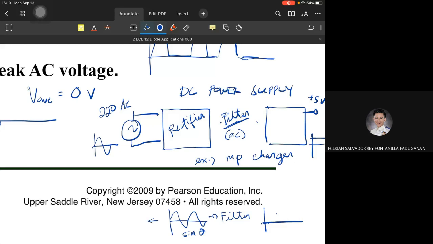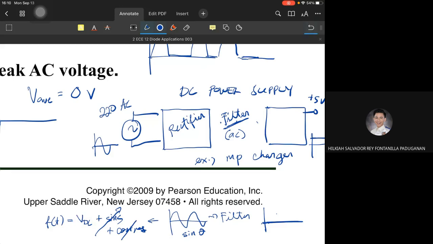We should convert this signal into one that has a DC component, a constant component: DC plus sines and cosines. That way, when we pass it through the filter, only the sine or cosine is removed, and the DC voltage remains.